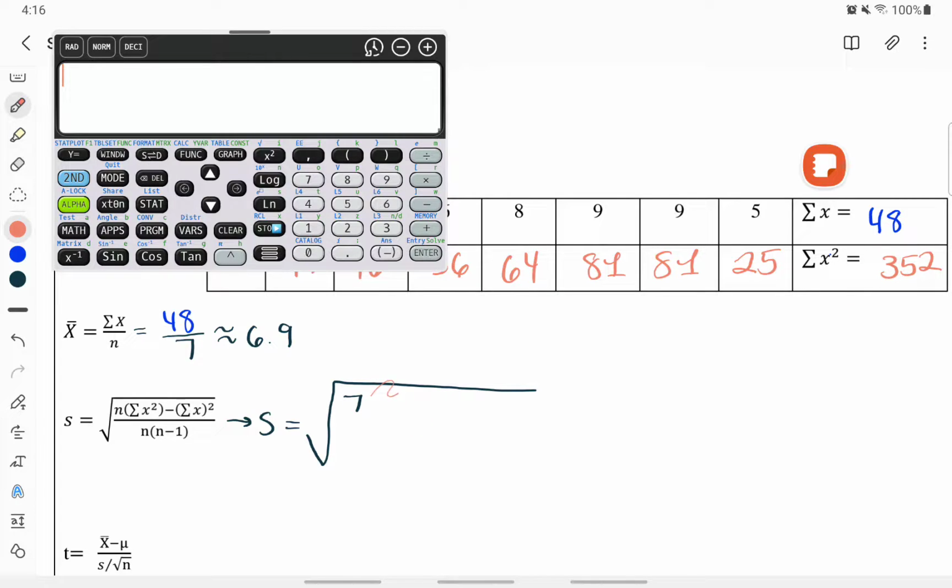The sum of x squared is 352. Minus the sum of x, the sum of our data, which is 48, but that is being squared. Let's divide it by n, which is 7, and parentheses, n minus 1, 7 minus 1.